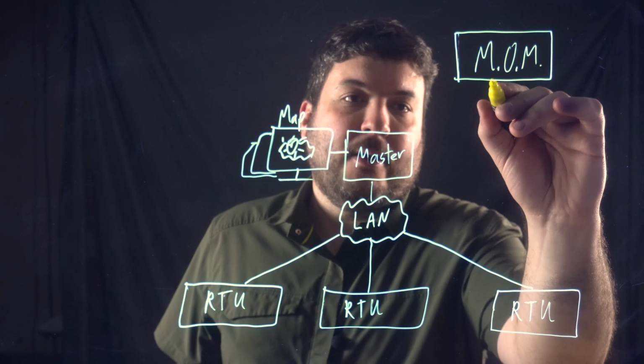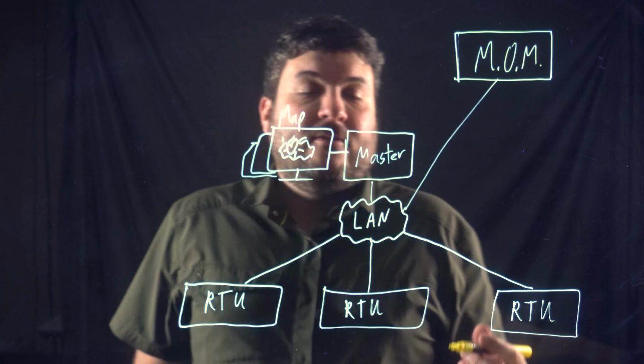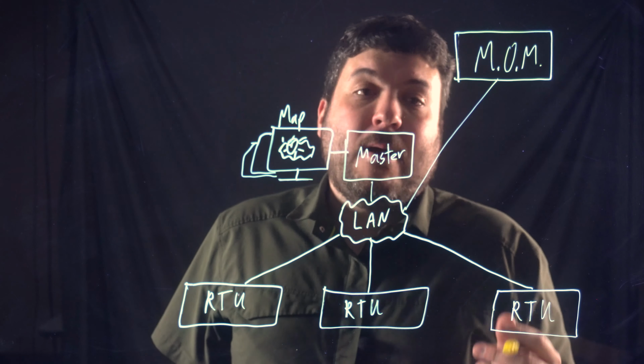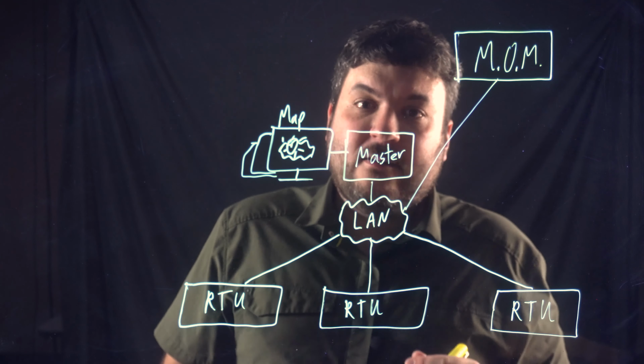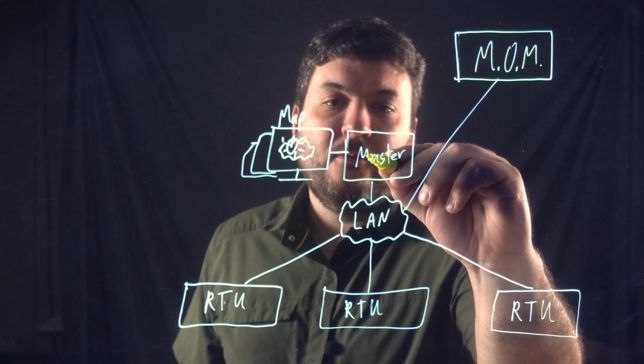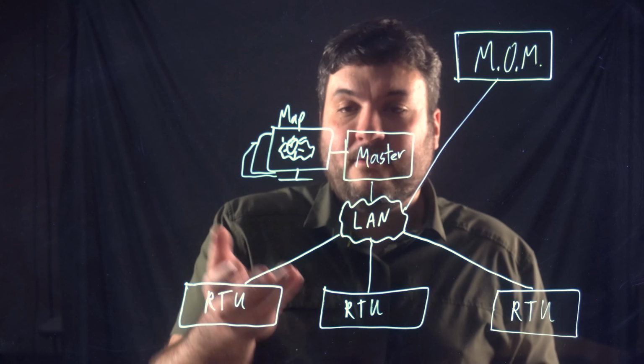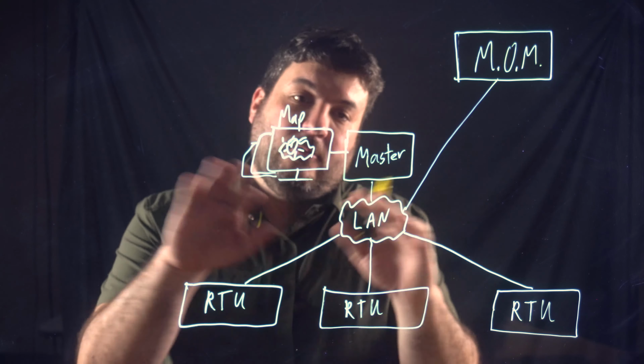So they're basically running in parallel. So you imagine this coming down like this. And what could happen is the MOM might be pulling fewer alarms. It might be pulling everything and then just filtering it down to just some of the basics, kind of the most critical alarms. Whereas this master here might be doing a more comprehensive job and displaying more detail for a more local team. So that's one way to pull it off.